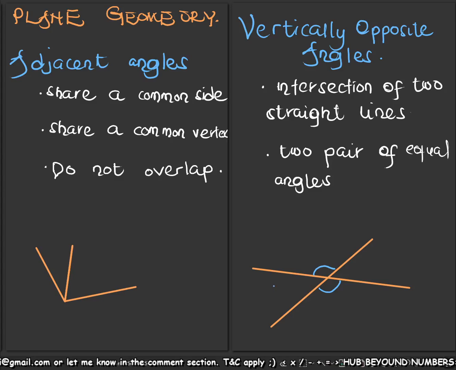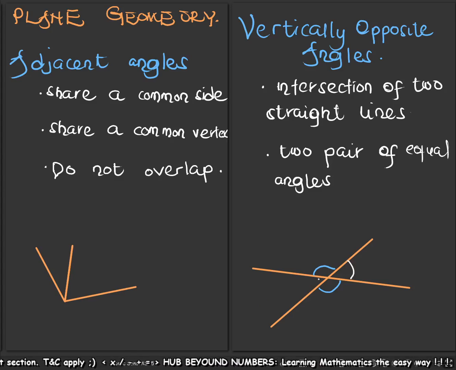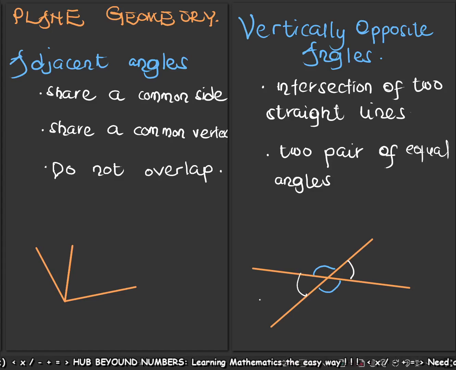We say they are vertically opposite. They are across each other on the opposite sides. Then the second one is this, and then this. Those in white are the same because they are vertically opposite. Those in the blue are also the same, but that of the blue and white cannot be the same.